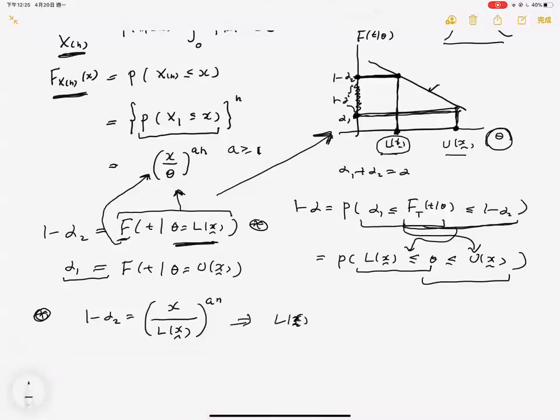Okay? You could take log of 1 minus alpha 2 on both ends, or you can actually just say it. I have 1 minus alpha 2 on the left-hand side, taking 1 over an right here, equals x divided by L, the lower bound right here. And then, so this is not x, this is actually xn. This x right here is xn, right? That's the CDF of the xn's.